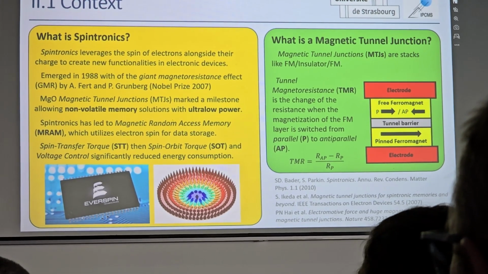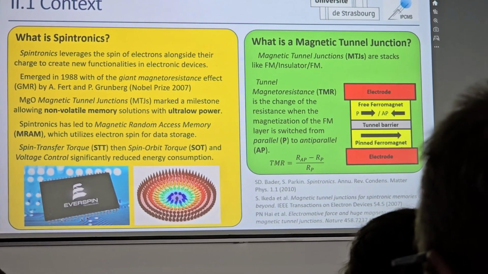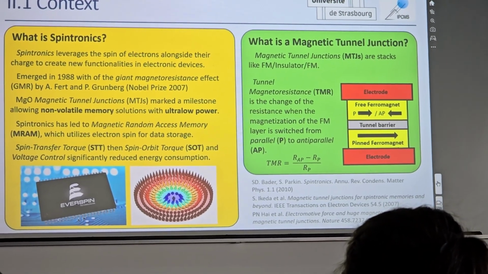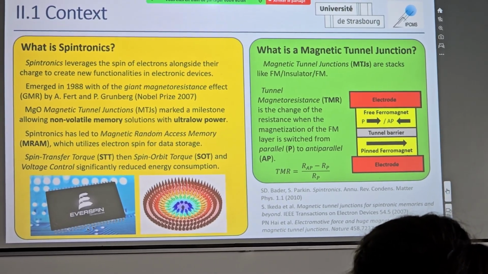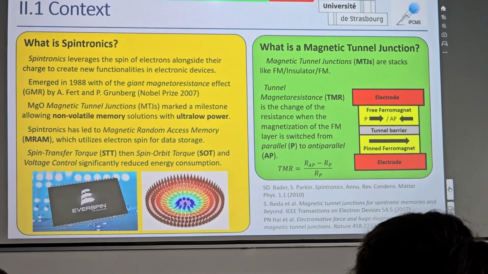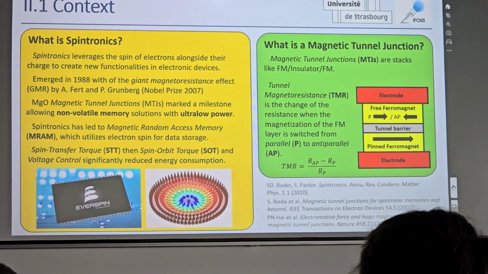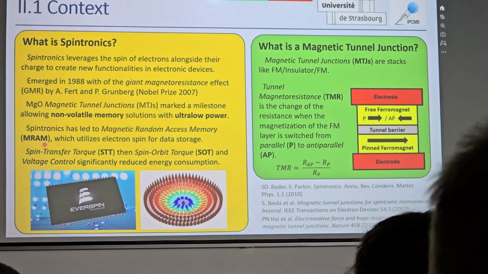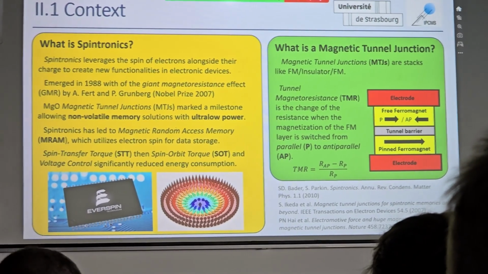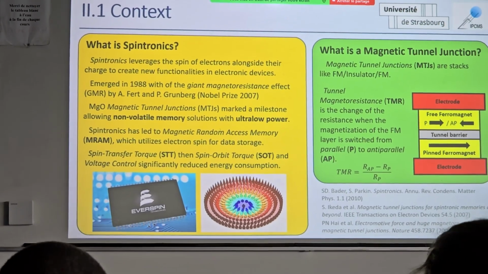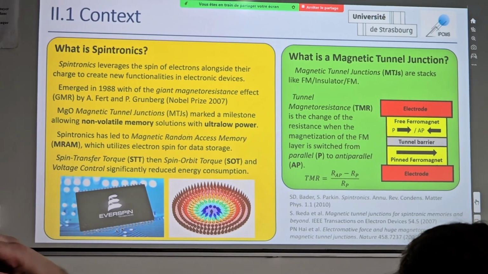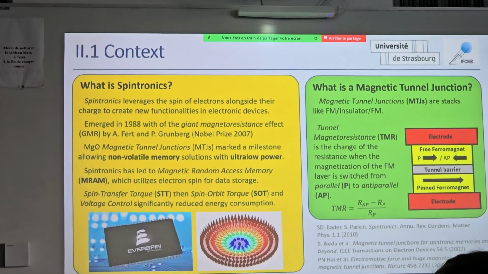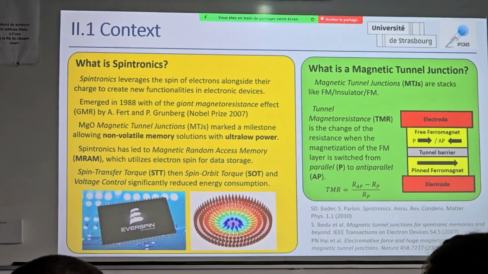The field then evolved and improved through the engineering of magnesium oxide magnetic tunnel junctions, which marked a milestone allowing non-volatile memory solutions with ultra-low power. It has led to the technology of magnetic random access memories, which utilizes the electron spin for data storage, and this technology has been improved with the spin transfer torque, spin orbit torque, and voltage control effects, which significantly reduced their energy consumption.